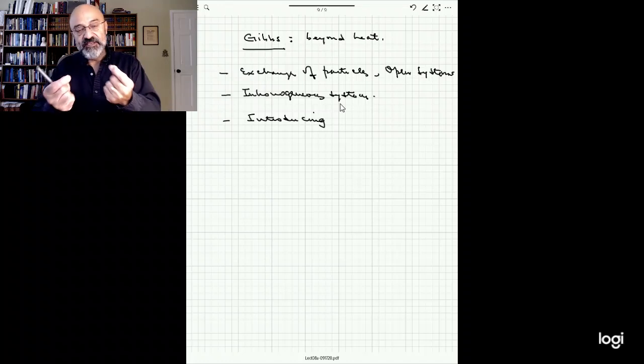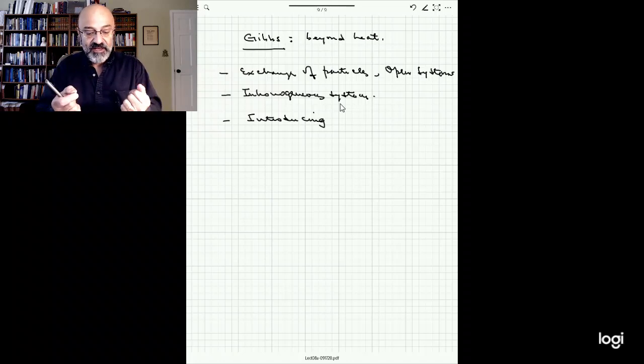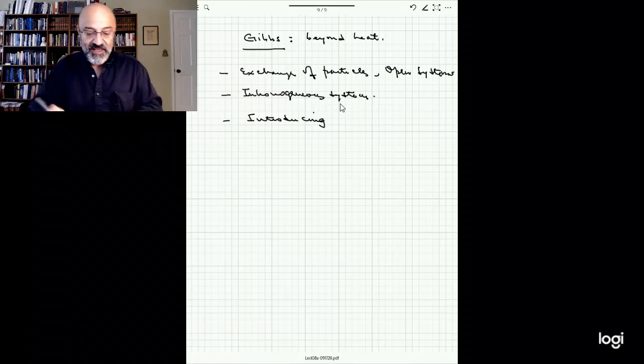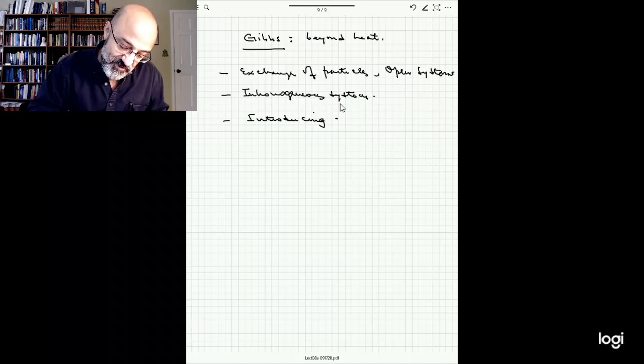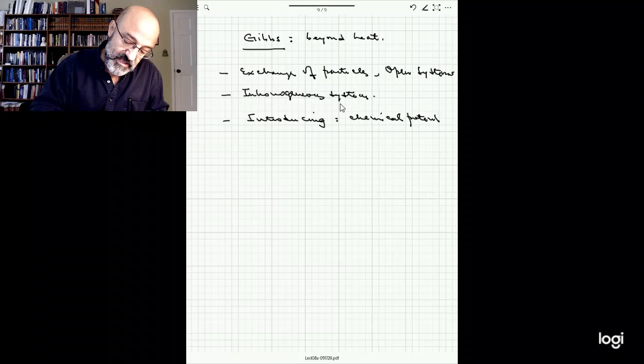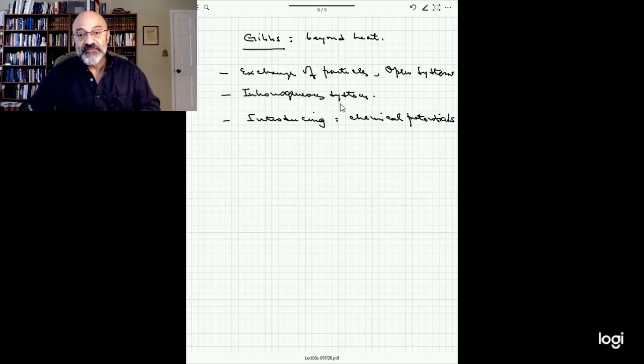Temperature regulates the transfer of heat from hot to cold, right? And when in equilibrium, the transfer stops and you have the two temperatures being the same. What Gibbs did was he introduced the notion of something very, very similar to temperature, the chemical potential, that regulates the flow of particles.